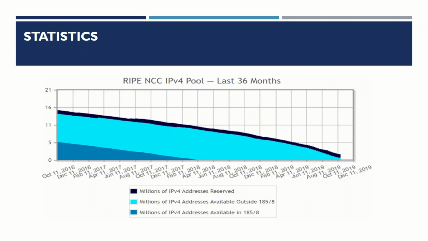In the future, once all available IPv4 address space is exhausted, LIRs could enter a waiting list to receive a /24 IPv4 allocation when addresses are returned.